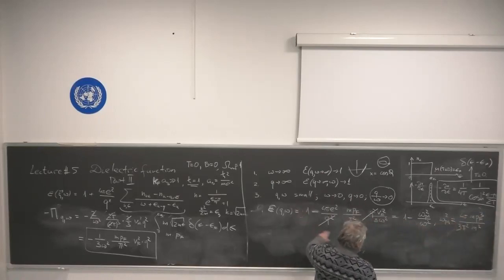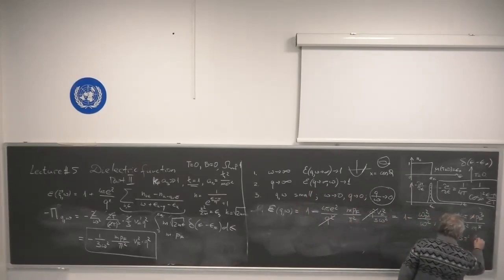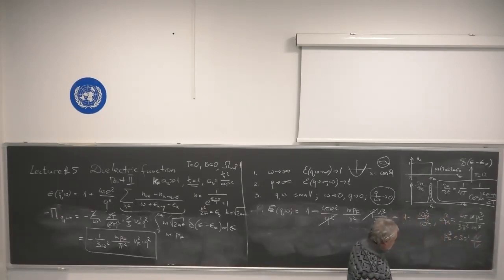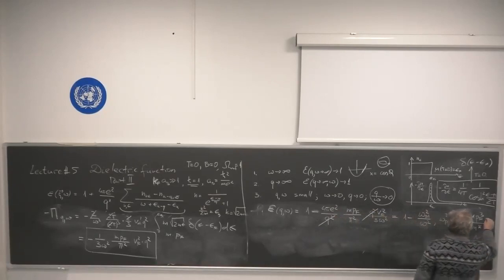So this is everything that I collected in front of 1 over omega squared. So mass cancels out, but you remember that p_F cubed is equal to 3 pi squared n, where n is the density. So therefore, plasmon frequency squared is equal to, 3 pi squared is cancelled, so this is 4 pi e squared, density of electrons, divided by m.